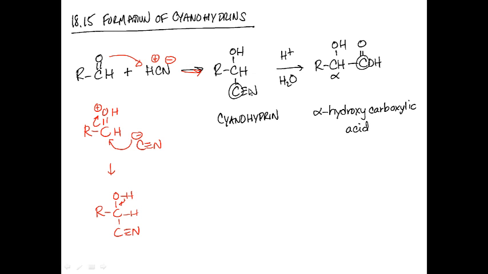But the way that cyanohydrins are typically used is to then hydrolyze the C triple bond N, which is called a nitrile group. In not the last lecture, but the one before that, I laid out all of the carboxylic acid derivatives, and I forgot to mention one because it didn't fit the mold.